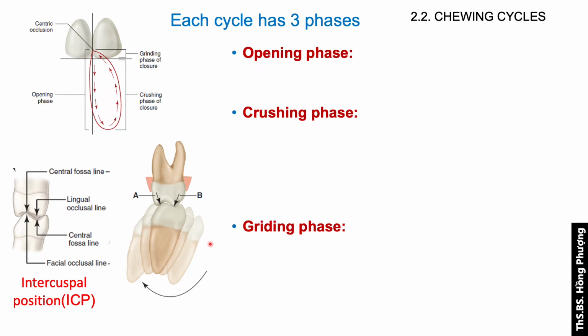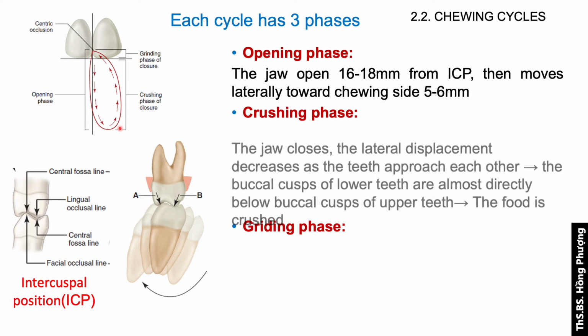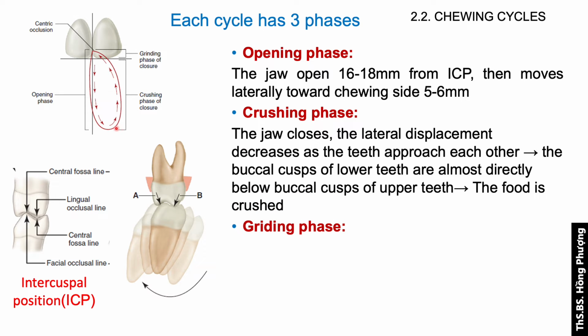In the opening phase, from the intercuspal position, the jaw opens about 16 to 18 mm, then moves laterally toward the chewing side about 5 to 6 mm. Then in the crushing phase, the jaw closes. The lateral displacement decreases as the teeth approach each other.